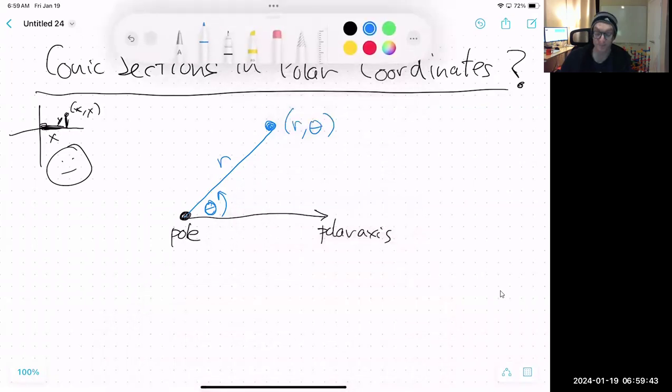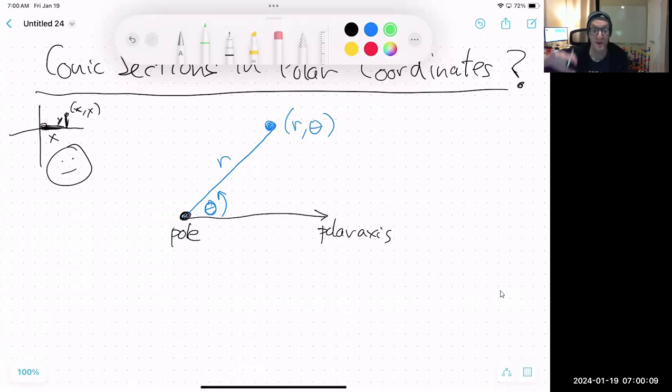Well, sometimes it's convenient to simultaneously analyze some figure with polar coordinates and also with rectangular coordinates. This is a common thing to do. Some people brush over this, and maybe it's a little confusing.